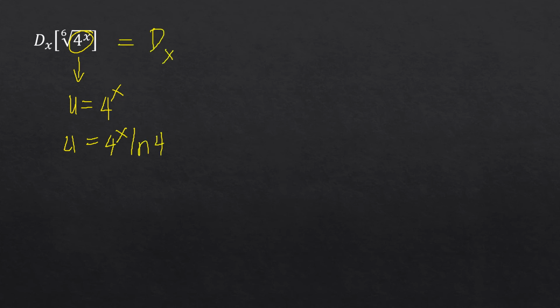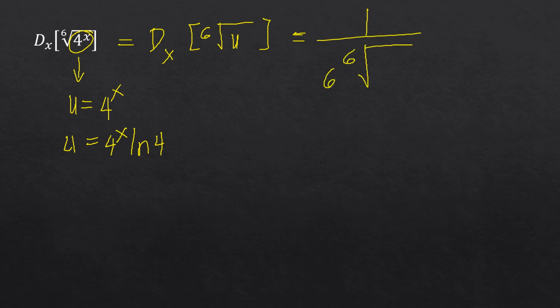Now we have the 6th root of 4 raised to x. This 4 raised to x will serve as our u, and the derivative of that is 4 raised to x ln of 4. So this will now be written into the derivative of the 6th root of u. And using the radical rule, we have 1 over, copy the index, 6th root of u raised to 6 minus 1 times the derivative of u.